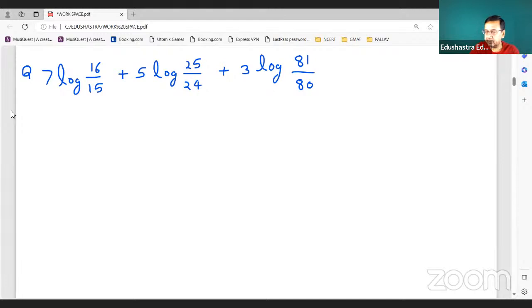So Anushka, we have to simplify this and find the value of this expression.